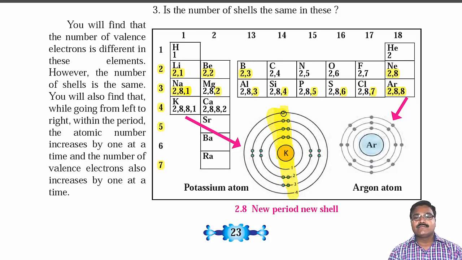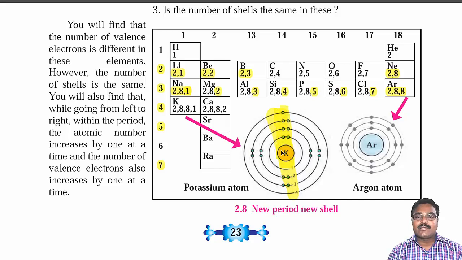Now let us take the same table. Here you can see across the period, the number of electrons in the outermost orbit goes on increasing. Electrons have which charge? That is negative charge.